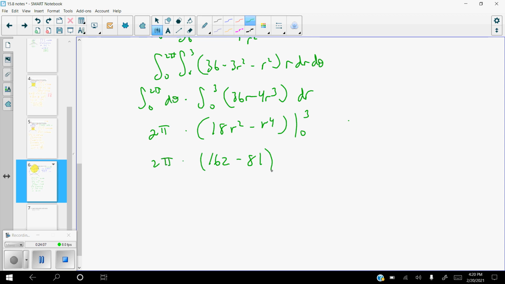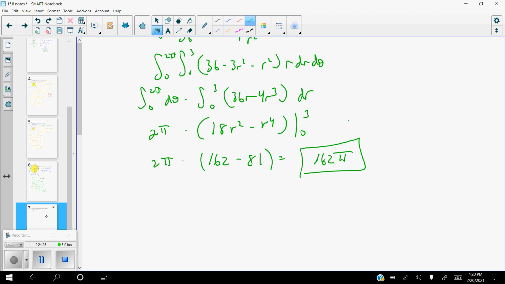So 162 minus 81 is 81, times 2 pi is 162 pi. So that's the volume that's caught in between those two paraboloids, kind of that egg-looking shape that was up there.